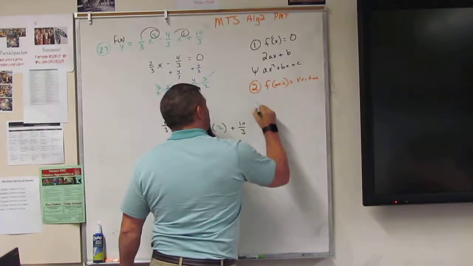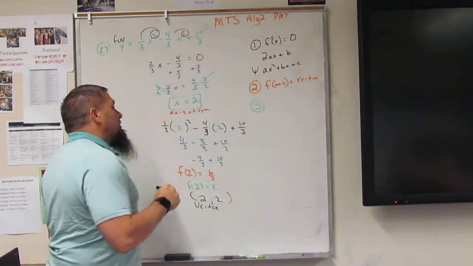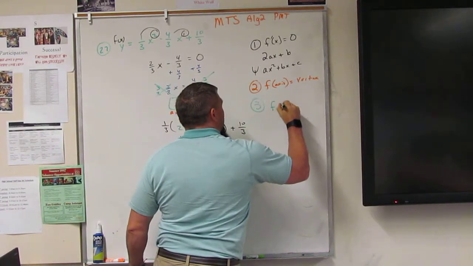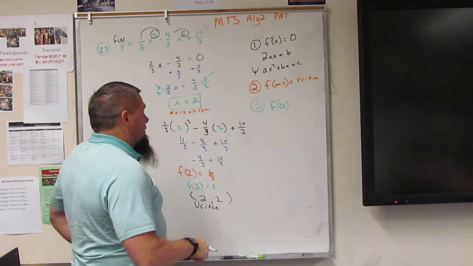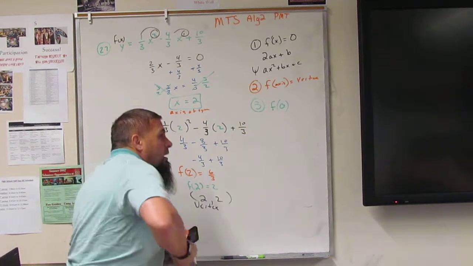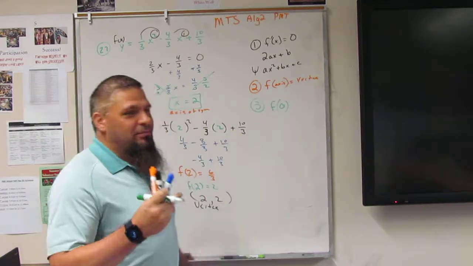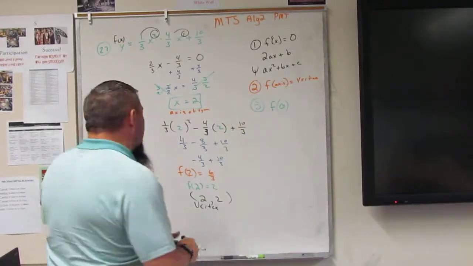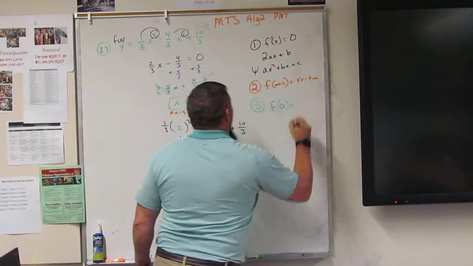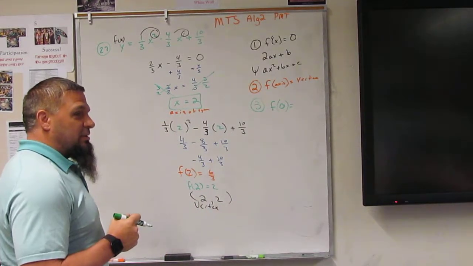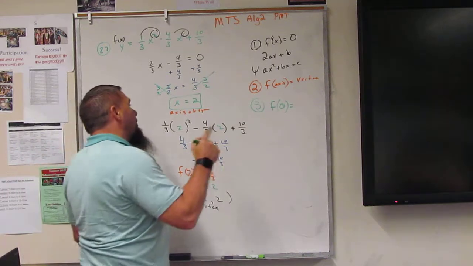Alright, so part 3 is finding f of 0. So we've got f of 0 is always equal to c.